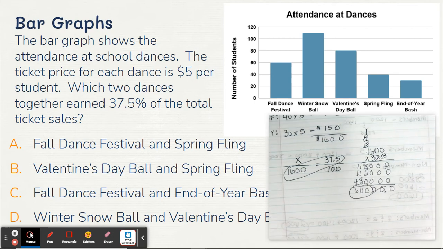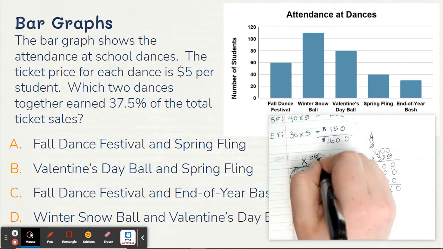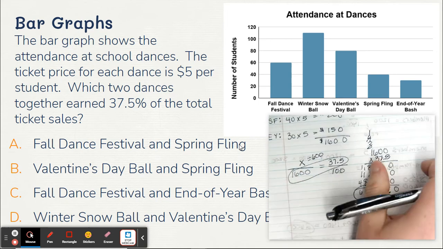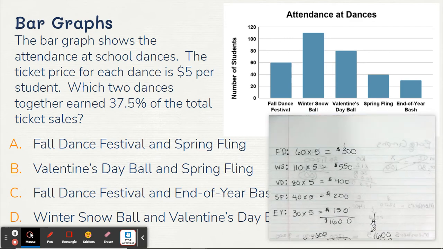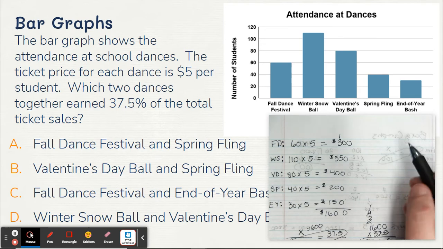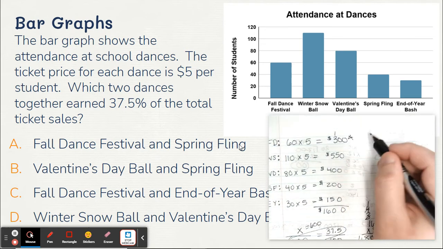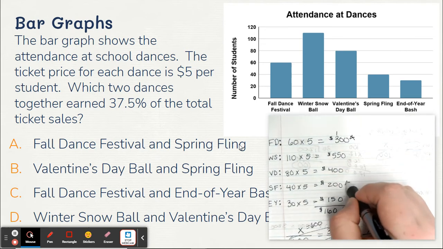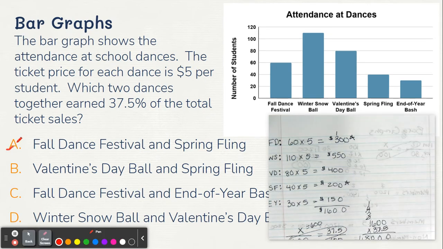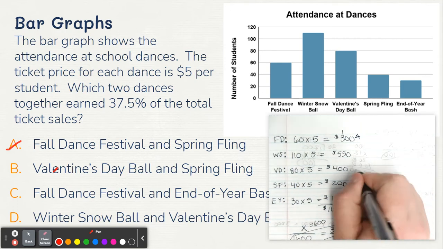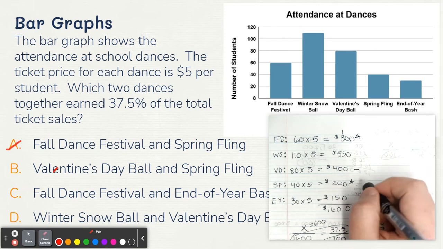Okay, so I'm looking for 2 dances that made $600 total. Let's look at the fall festival and the spring fling: 300 plus 200 is 500, so it's not that one because we're looking for 600. Let's look at Valentine's Day and spring fling, 400 and 200. 400 plus 200 is 600, so it could be that one.